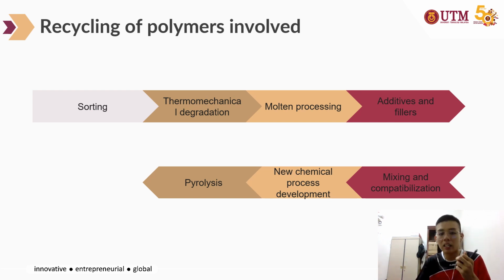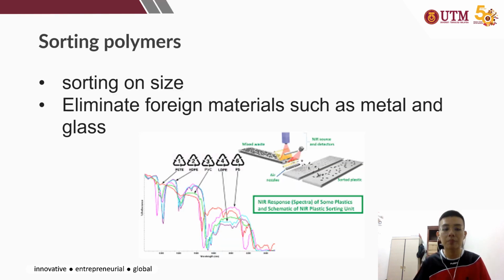First, sorting; second, thermomechanical degradation; third, molten processing; fourth, additives and fillers. After that, mixing and compatibilization. Next, new chemical process development, and in the end, pyrolysis. After that, I'm going to explain them one by one.